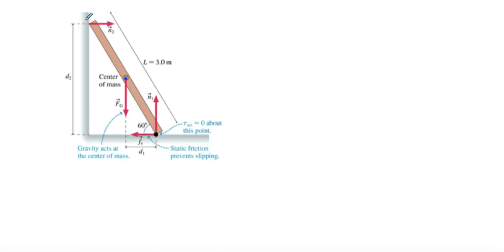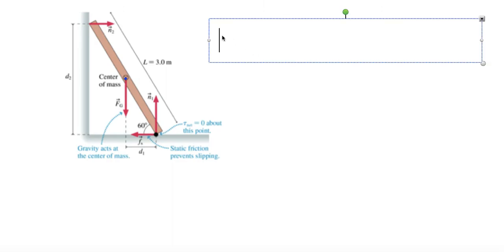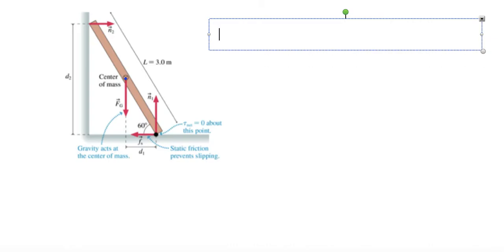And then there is the normal force at the top from the wall, pushing against the ladder. So we have to set up all of these equations, and I'm going to use text to type this out here.